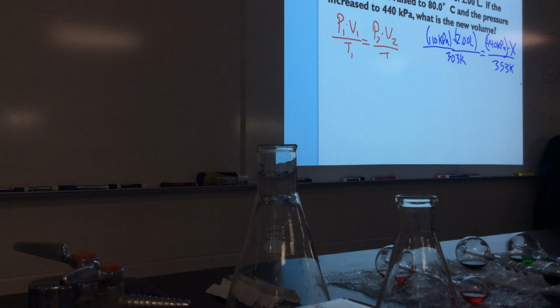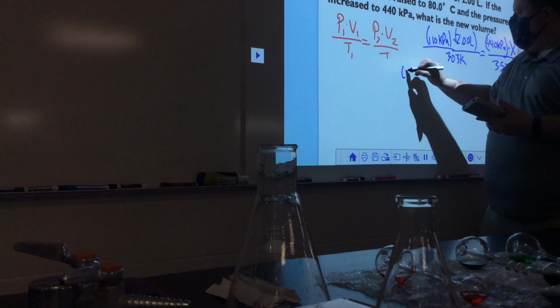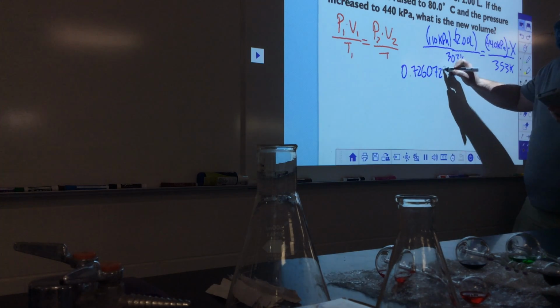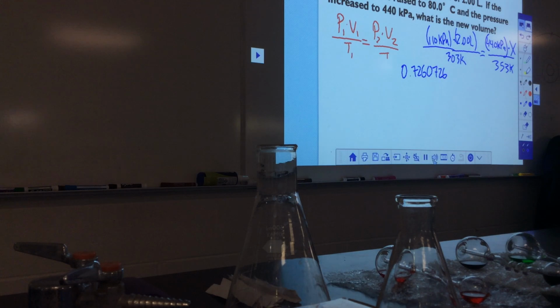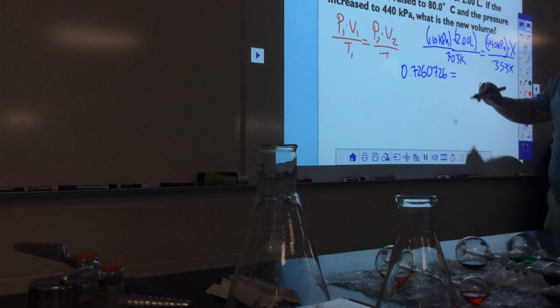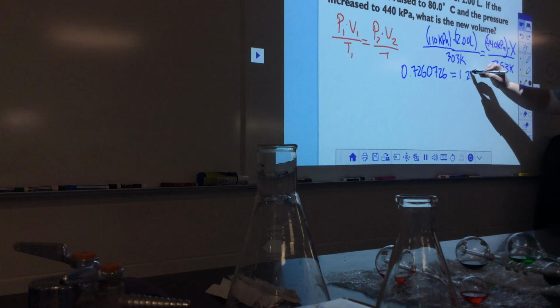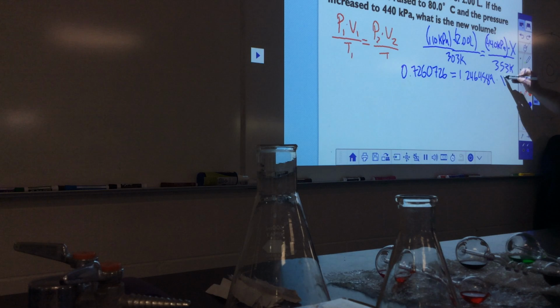So 110 times 2.00 divided by 303 is 0.7260726, and it kind of repeats forever. Equals. Now I'm going to simplify this. You simplify that side too. So 440 divided by 353 gives me 1.2464589 times x.